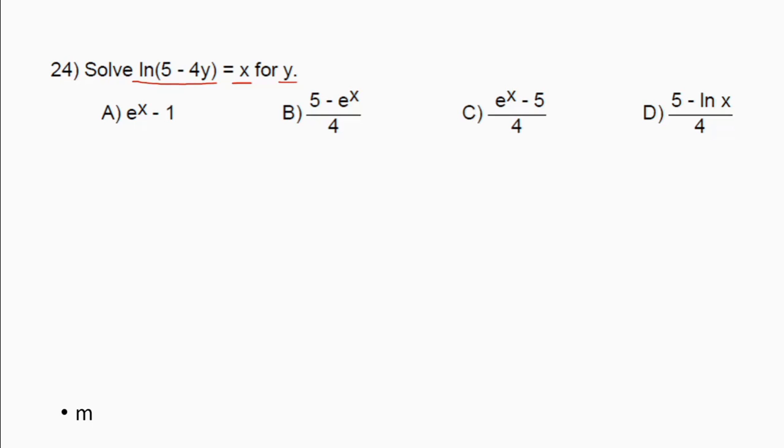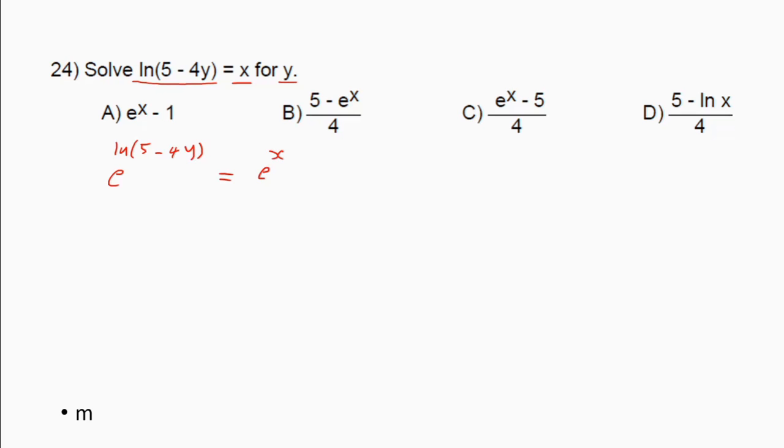So we'll say e raised to the power ln of 5 minus 4y. Since we raised the left hand side as a power of e, we should raise the right hand side also as a power of e. So this will be equal to e to the power x.